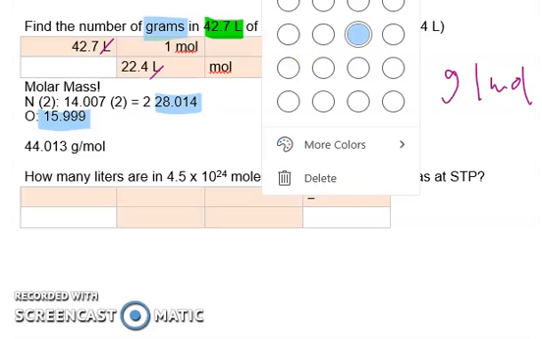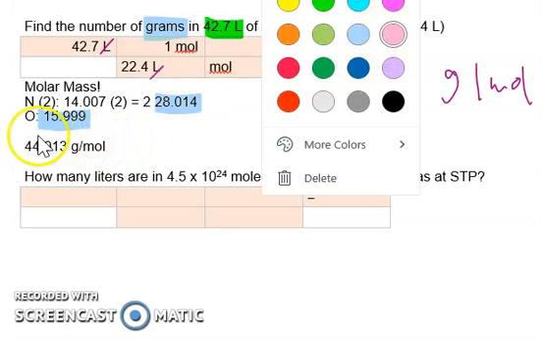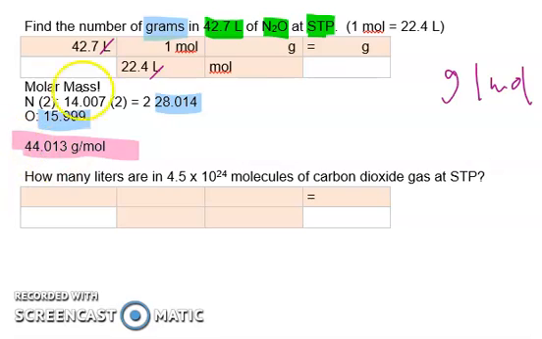And this is my molar mass for N2O right here. Okay, so now I can finally fill out this last conversion. I know that there are 44.013 grams in 1 mole. And now I can have my moles cancel out because they're on the top and the bottom, and all I have left to do is solve the math.